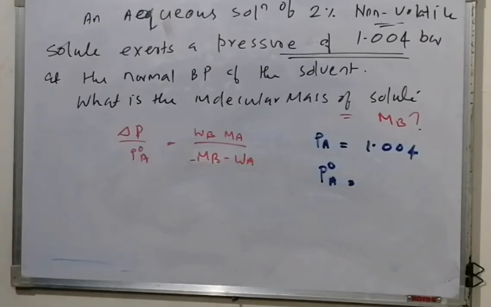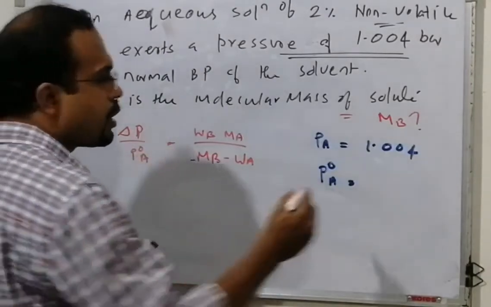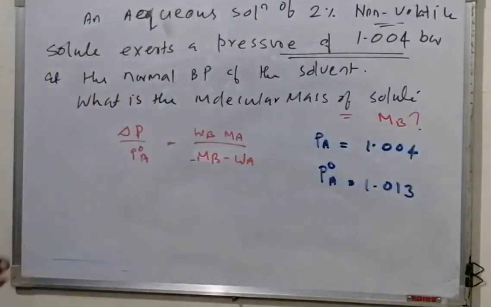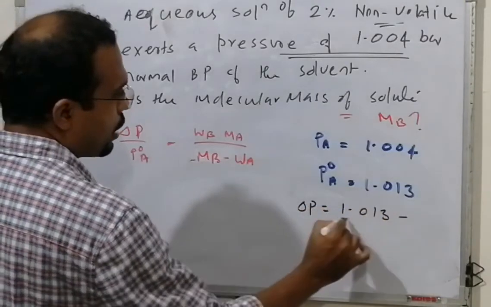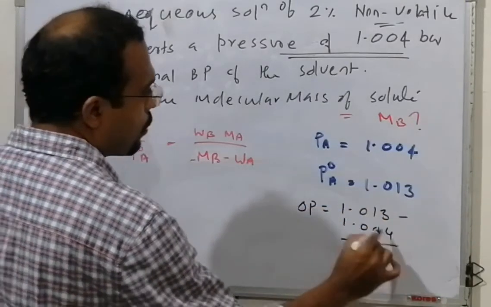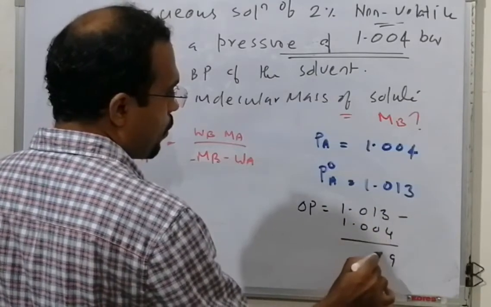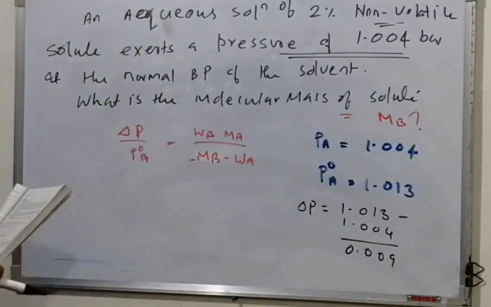What is the pure vapor pressure of water at the normal boiling point? That is 1.013. You have to learn it by heart. Therefore, you will get ΔP. ΔP is equal to 1.013 minus 1.004, that is 0.009.